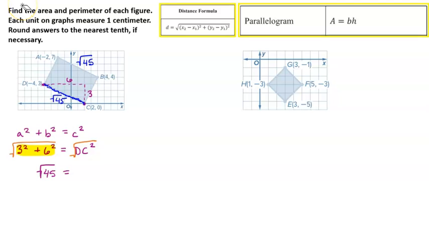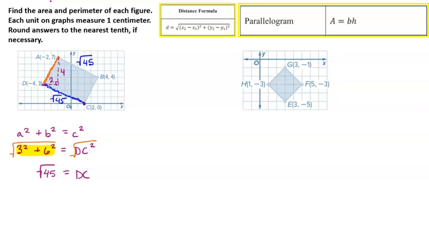And then I'm going to make another triangle here. So I'm going to find AD, which is this side here. In fact, I'm going to erase this so it doesn't get in our way. So for this one, I'm going to create another triangle here. And I've got 2 on this side, and then I've got 4 on this side.